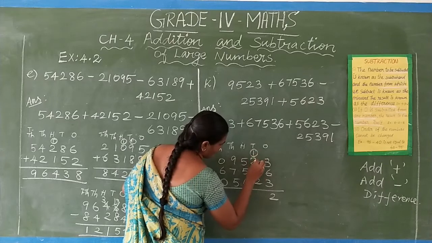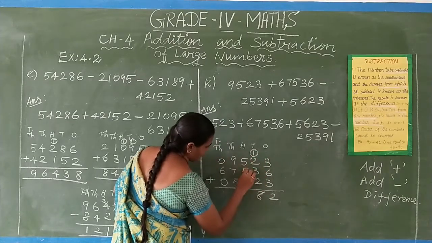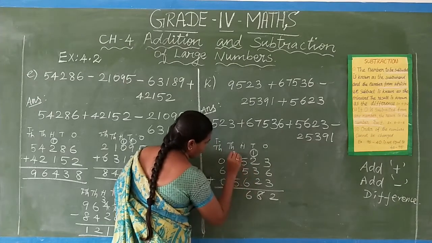So 1 plus 2, 3. 3 plus 3 is 6. 6 plus 2, 8. 5 plus 5, 10. 10 plus 6, 16, 1 carry over, 1.